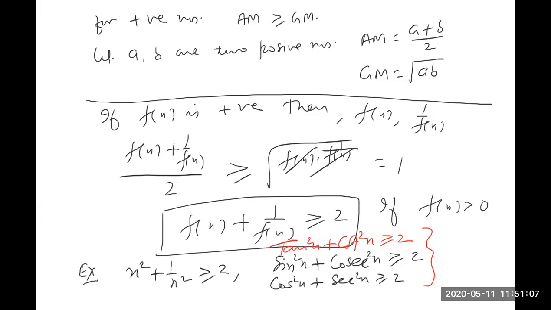These three results come from here. Any function and its reciprocal, the sum of them will always be greater than or equal to 2 if positive. That is why I have taken squares, because sin square x will always be positive, cos square x will always be positive.